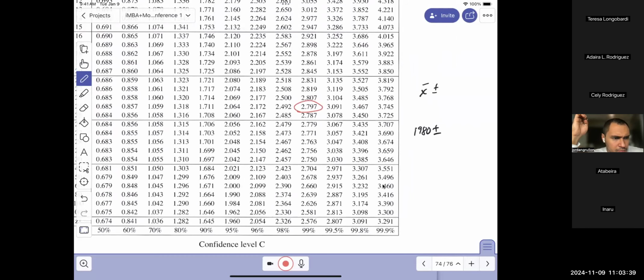X bar plus or minus T star S over root N. So T is 2.797, so 2.797 standard deviations away.